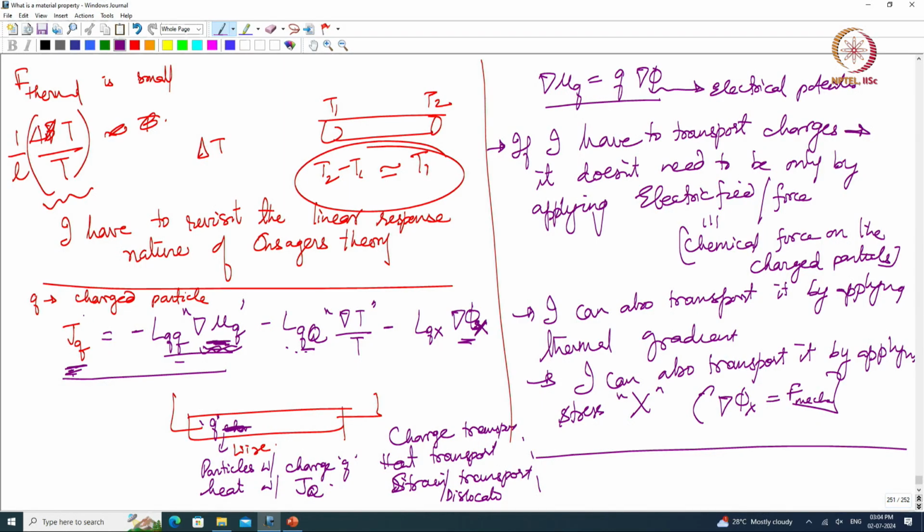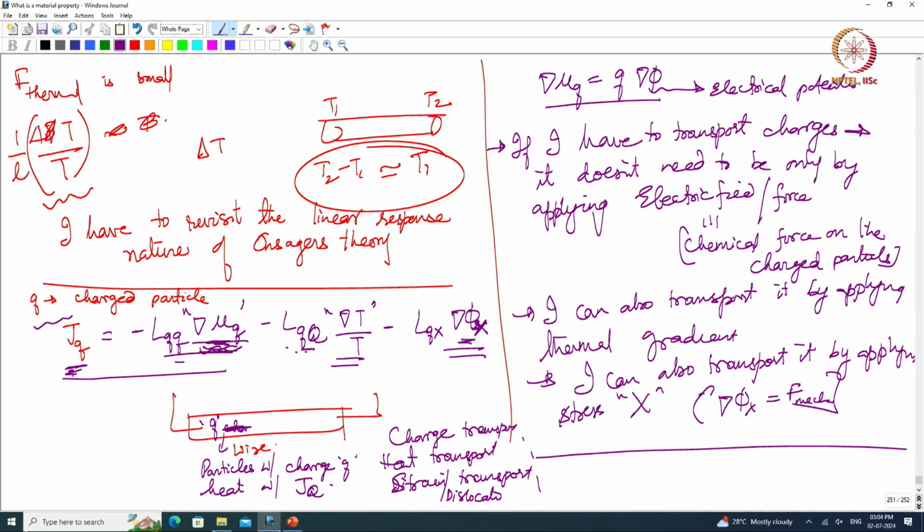We ended by looking at the flux of a charged particle in a system which has a gradient of temperature, a gradient of stress, and also a gradient of chemical potential of these charged particles, which can come just by applying an electric field.